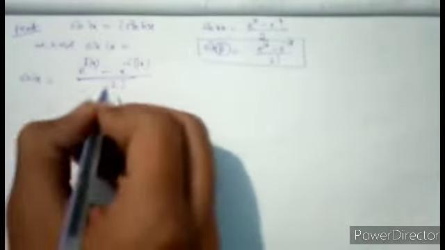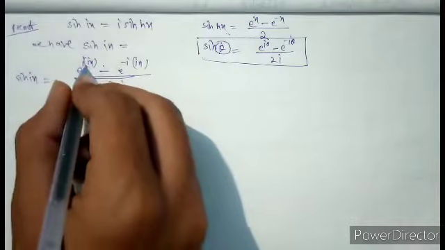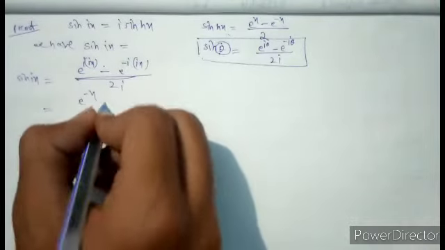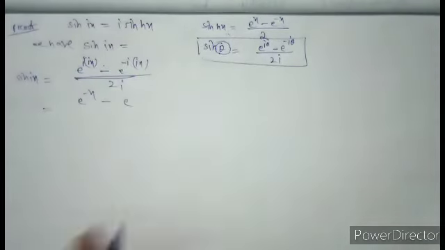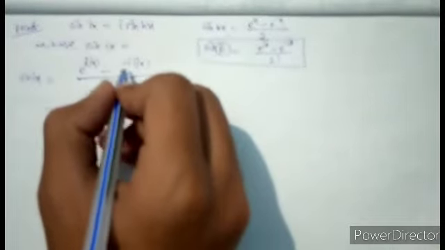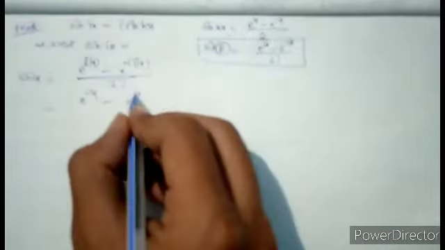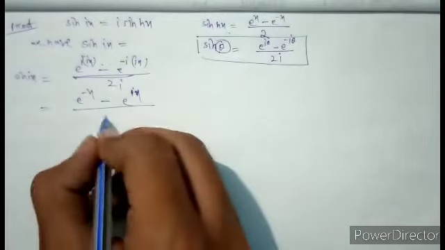Then we can write e to the power i square x. We know that the value of i square is minus 1, so that is minus x, minus e to the power ix. Sorry, we know that i square is equal to minus 1 and also a negative sign is present, so that is plus 1 multiplied with x, that is e to the power x upon 2i.